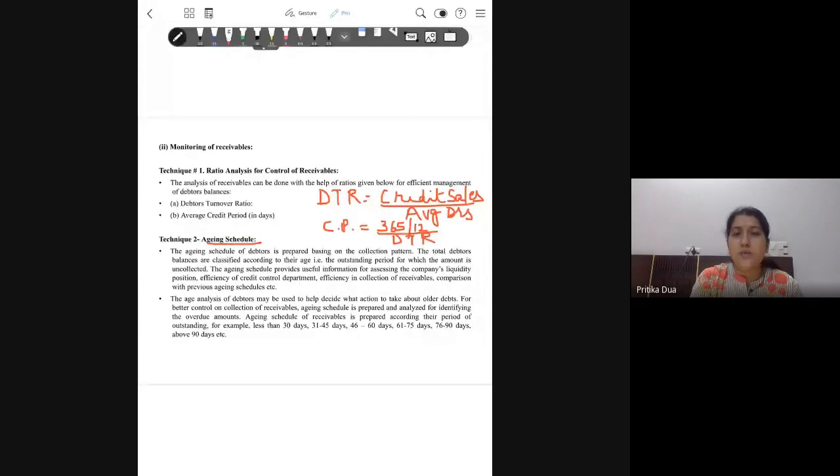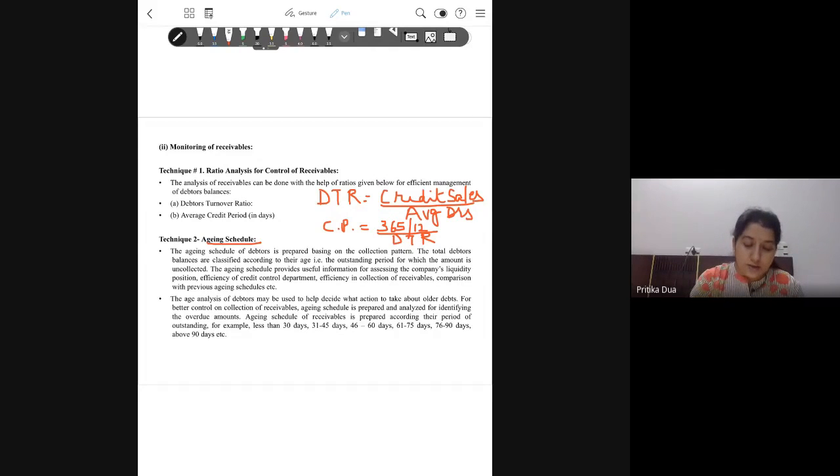Important with respect to short notes. What is aging schedule? Aging schedule is that you prepare a chart of your debtors on the basis of what is the time period for which the debt is still outstanding.